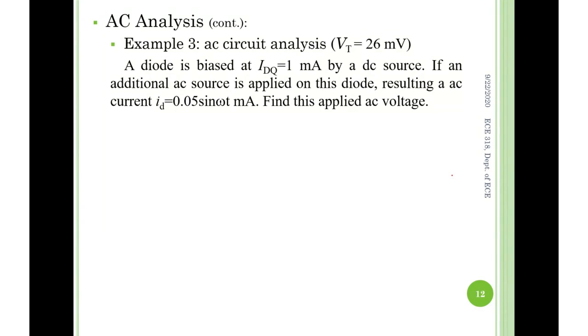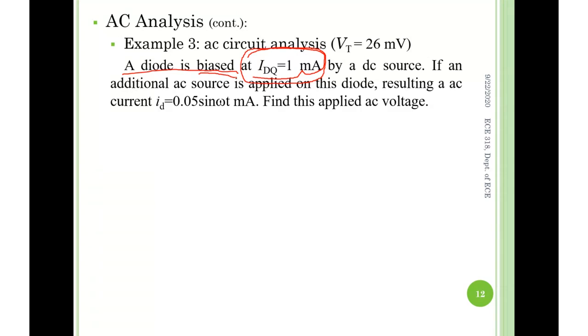actually a very easy example, just to get used to the statement here. First of all, it tells you there's a diode, which of course comes with a certain circuit, and tells you IDQ equals 1 milliampere, or says it is biased. Q point, biased point, is biased at somewhere.